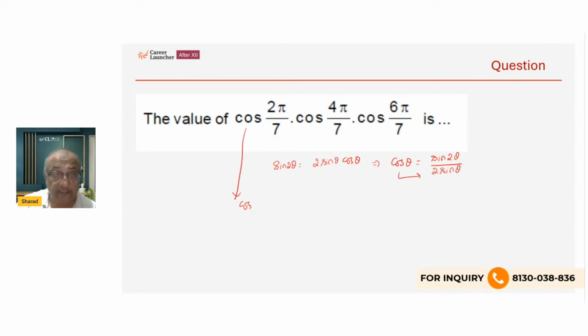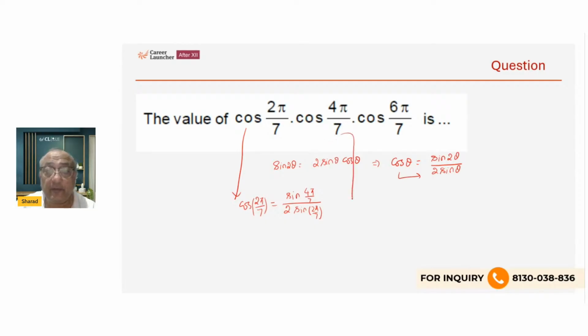This cos 2 pi by 7 will become, cos theta, this is theta. So this will become sine 2 times of 2 pi by 7, sine 4 pi by 7 upon 2 sine 2 pi by 7. This is so cool.